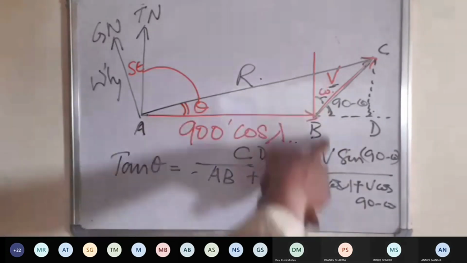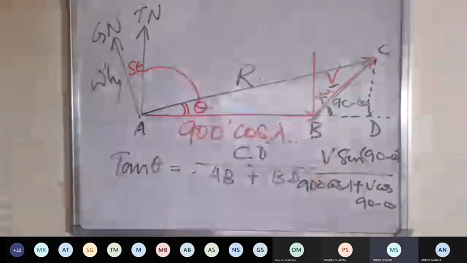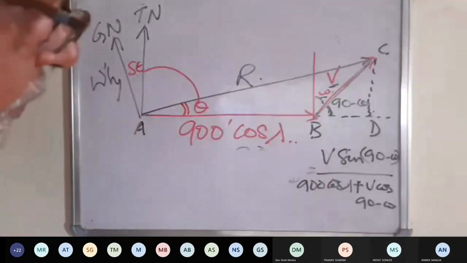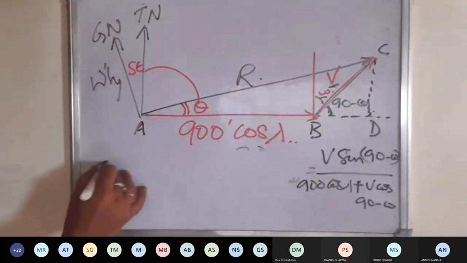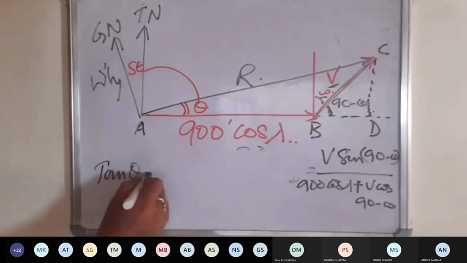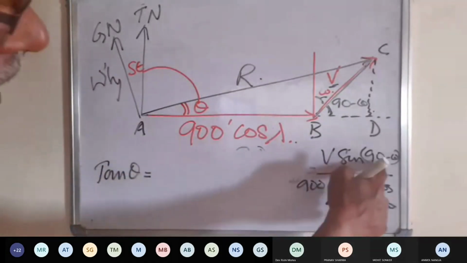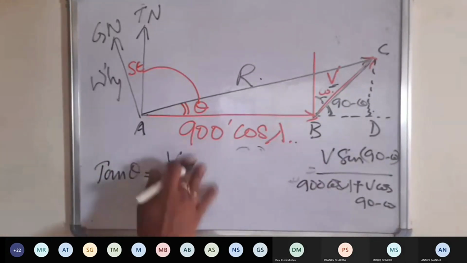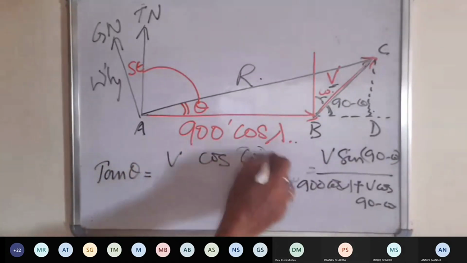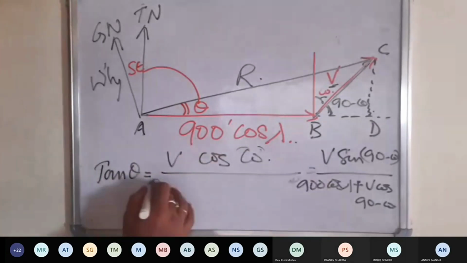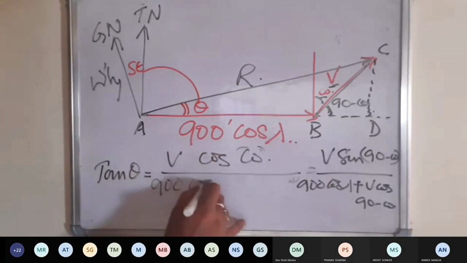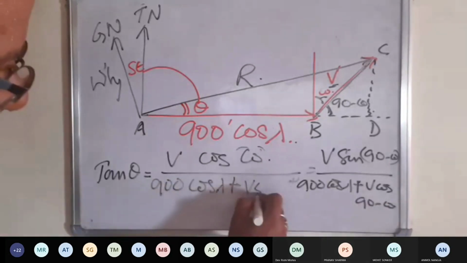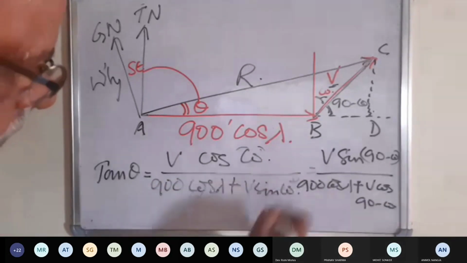So from here, can we have that tan theta is equal to V sine 90 minus course, which is V cos course, divided by 900 cos latitude plus V sine course?